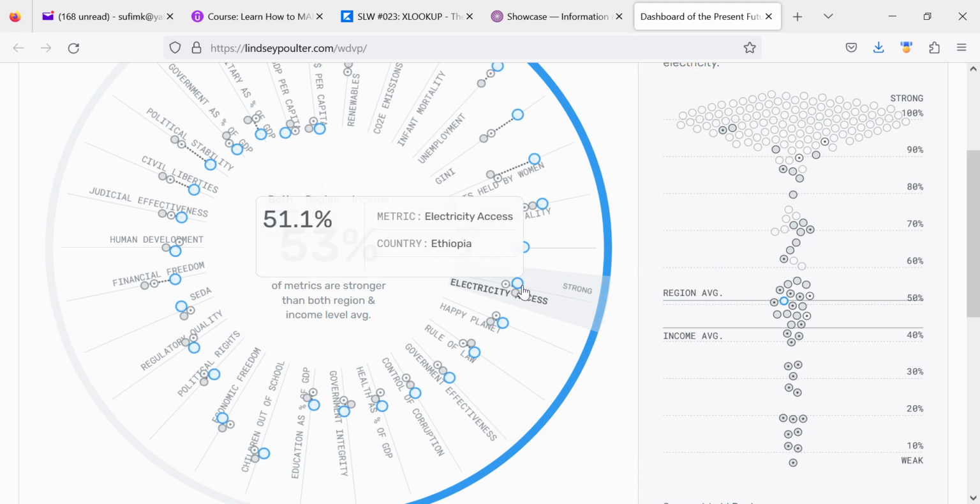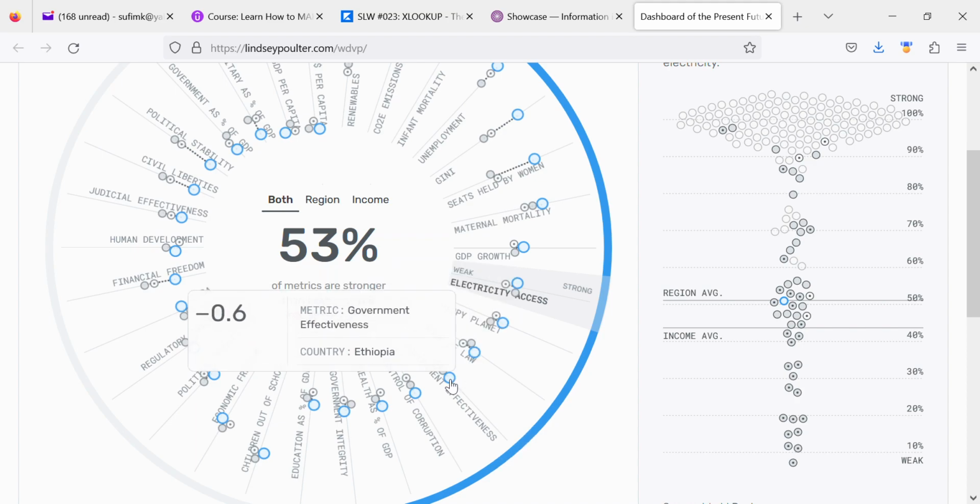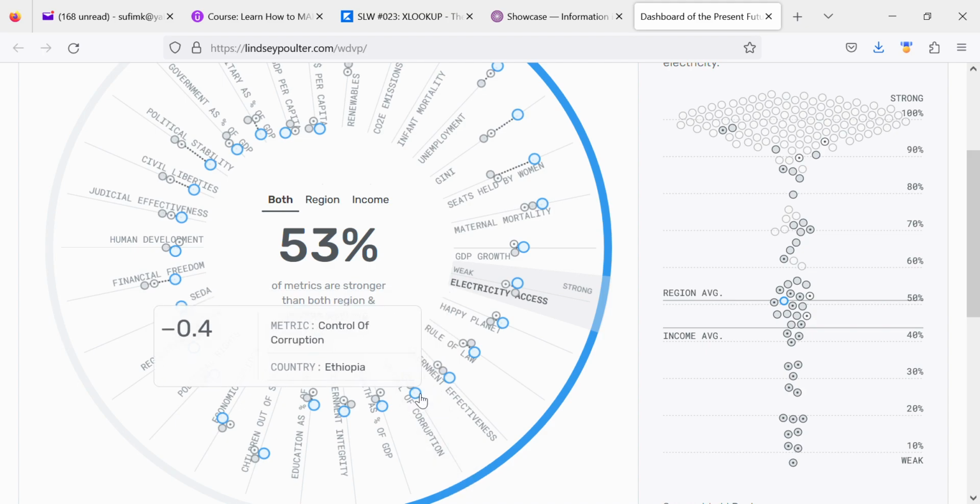Electricity access is 51.1%. The Happy Planet value for Ethiopia is 41.7. The rule of law is negative 0.6, government effectiveness negative 0.6, and control of corruption negative 0.4.